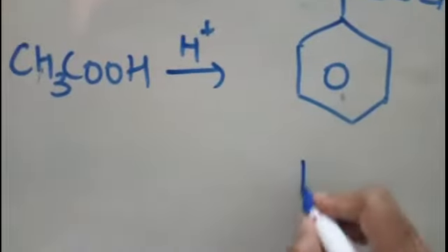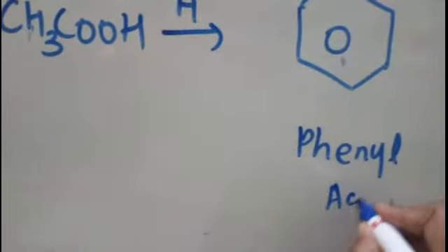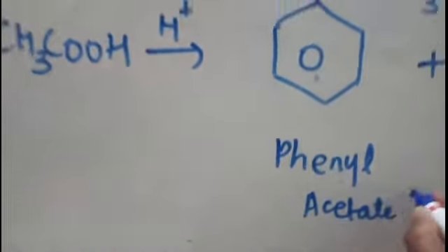This ester is phenyl acetate, or phenyl ethanoate. The IUPAC name is phenyl ethanoate. Similarly, you can write the reaction with acid chloride also.